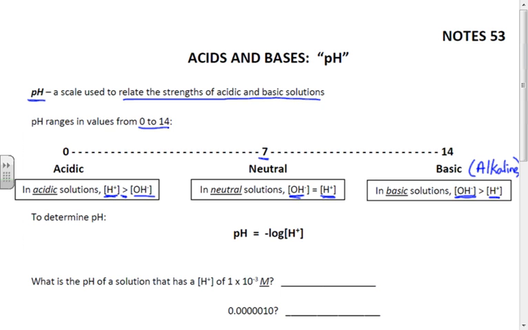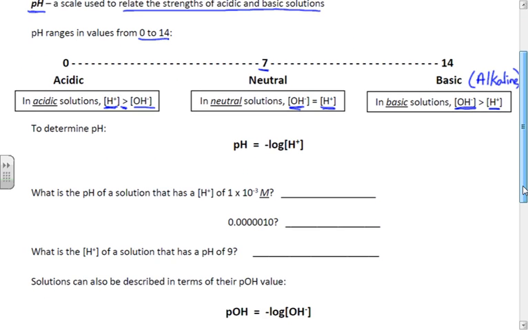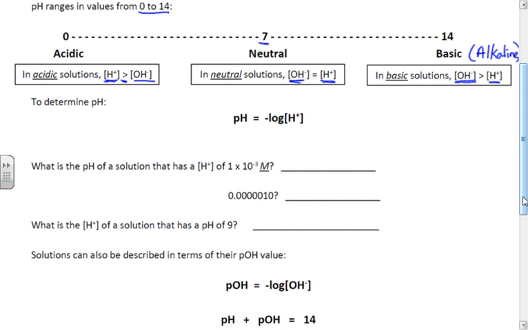So the way that we would determine pH if we were using a calculator would be to take that hydrogen ion concentration, you take the log of that value, and it would give you a negative number. So then you take the additive inverse, you take the negative of it, and you end up with the pH value.